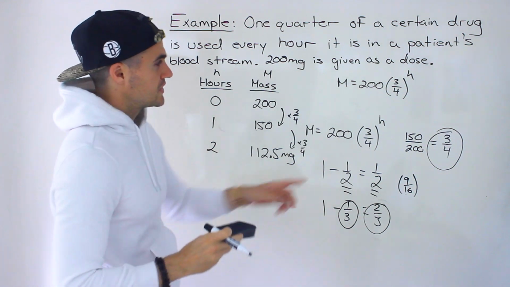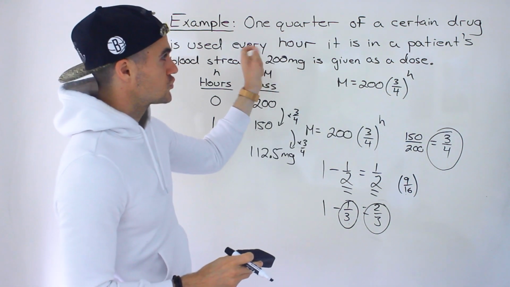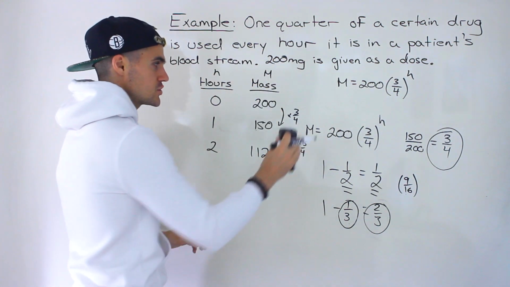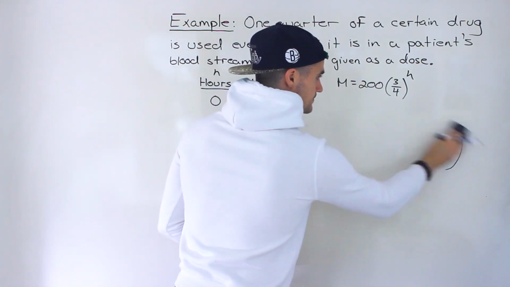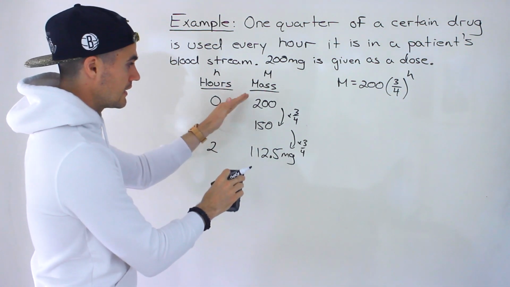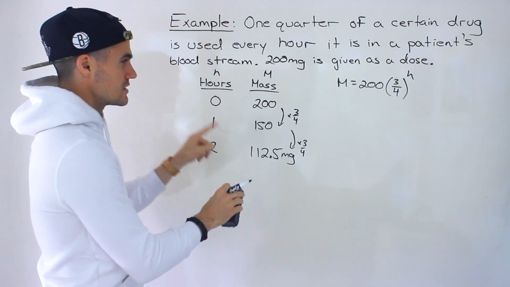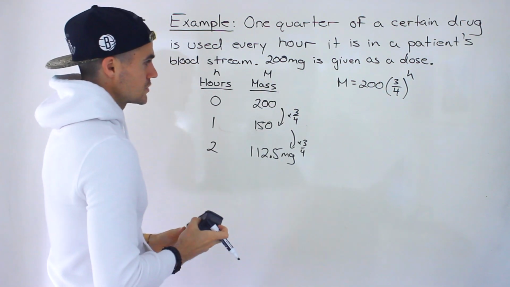It's just that coming up with the base in this case is a little bit more tricky because you have to read it carefully. And as I mentioned in previous videos, what I recommend doing is making a table of values, reading it carefully, getting these amounts, and then from the table of values, you can see how to create an equation.